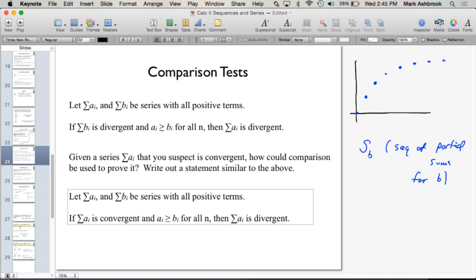Okay, and then also? Right, so all the b_i need to be greater than the a_i. So the a_i need to be all less than or equal to.